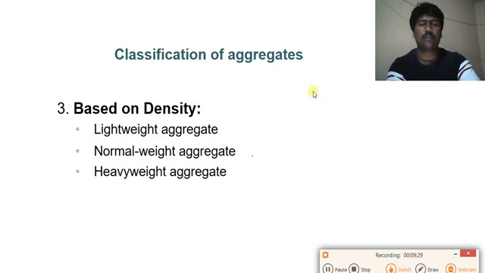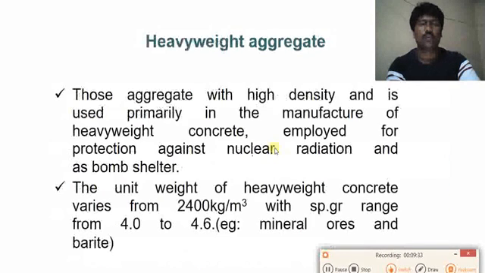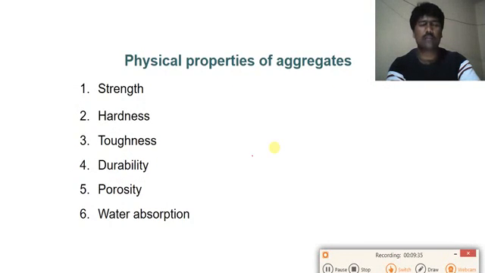So with this, the classification of aggregates is completed. In the next slide onwards, we will see the physical properties of aggregates, which are mainly the strength, hardness, toughness, durability, porosity and water absorption. All these properties of the aggregate we will discuss in the coming slides.